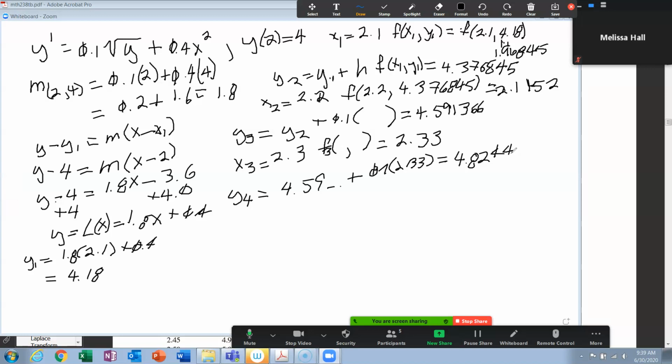Do you see how that works? What you do next is y4 is just 4.82, and then you calculate your f4, which is plugging in that y4 and the new x4 into this formula here. That's your new f4, and then you go through.